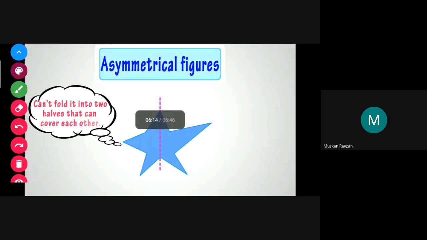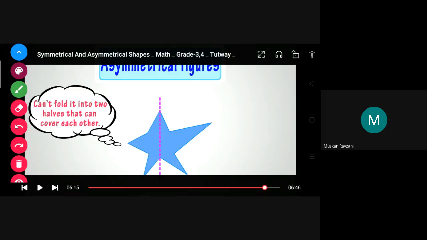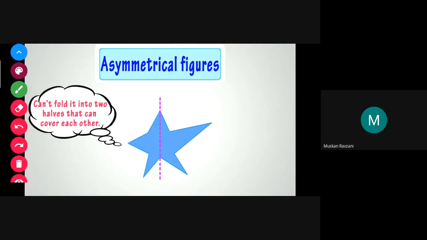So see, this star is not perfect. Someone who is not an expert in drawing has drawn this. You can see this part and this part. That's why the heading is not symmetrical; these both are not symmetrical.